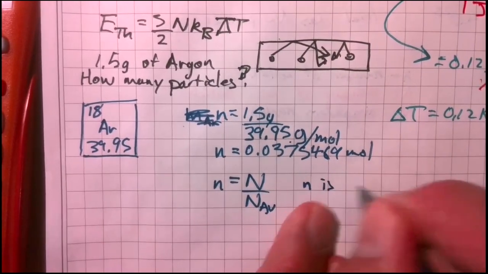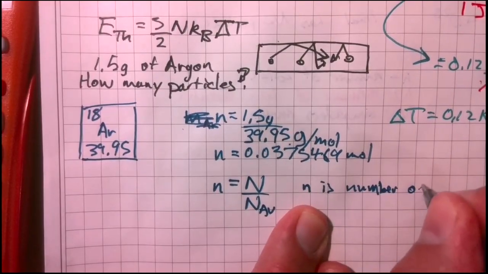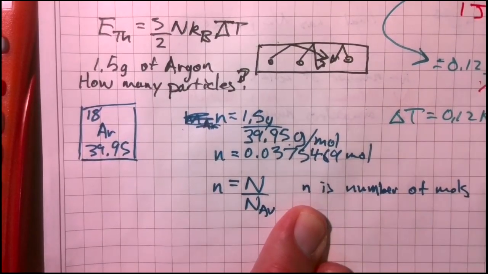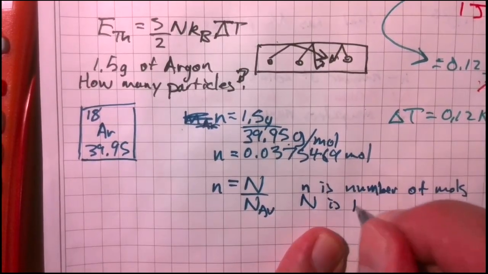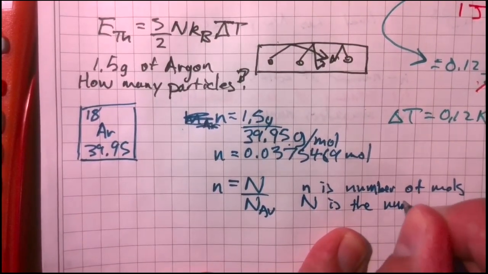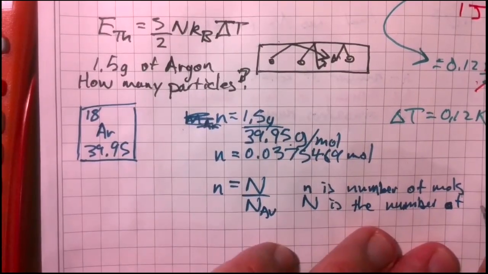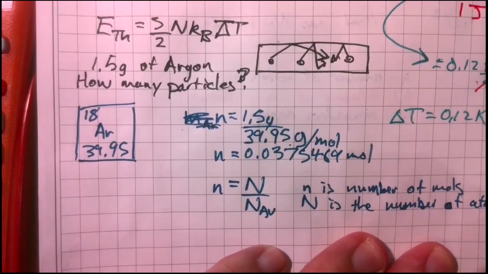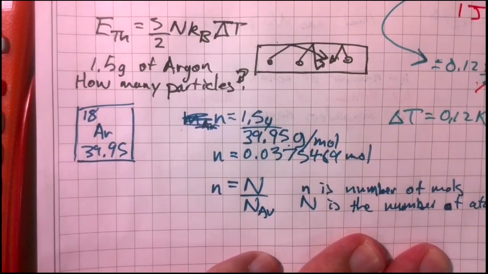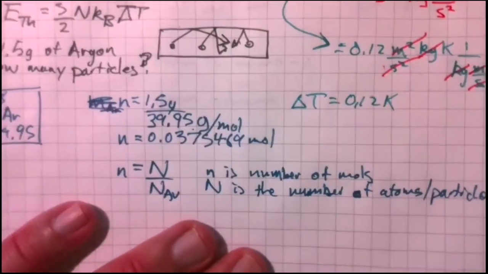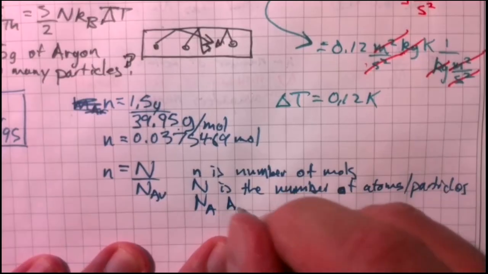n is the number of moles. N is the number of atoms or gas particles. Atoms or particles. And NA is Avogadro's number.